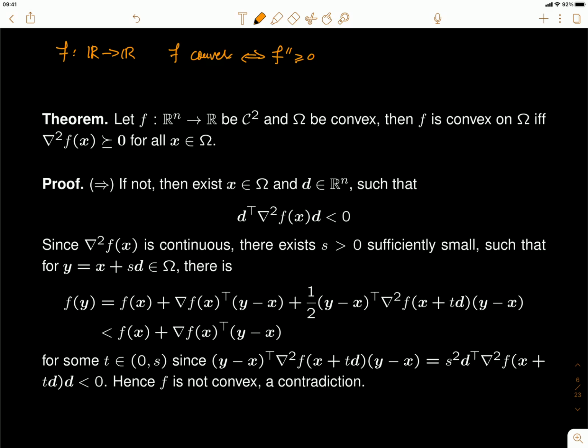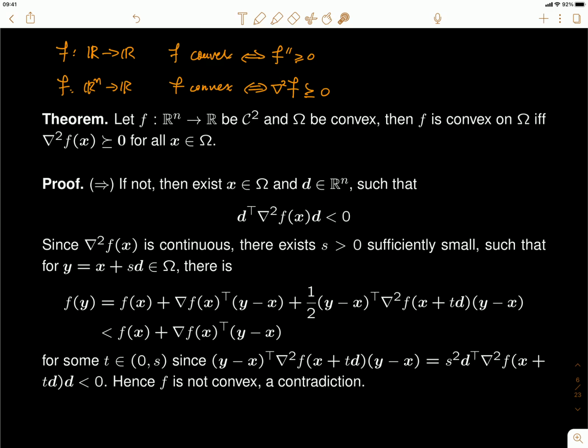And now, since we have a multivariate function, f convex becomes that the Hessian of f is positive semi-definite. Okay, so this is pretty similar. Just replace this by that. Remember that this one is a matrix right here.